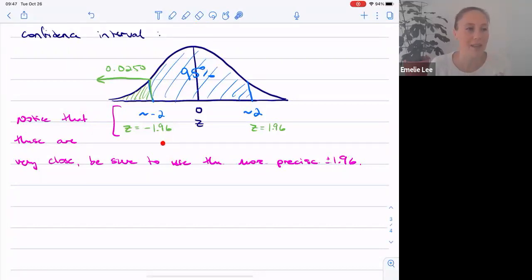Okay, and so what we want to do is we want to take our sample proportion and we want to build a buffer. We want to build a 95% buffer.